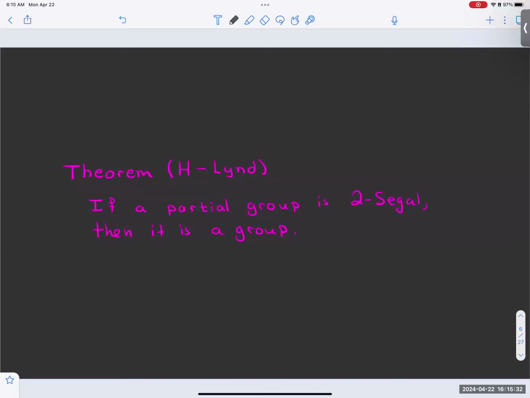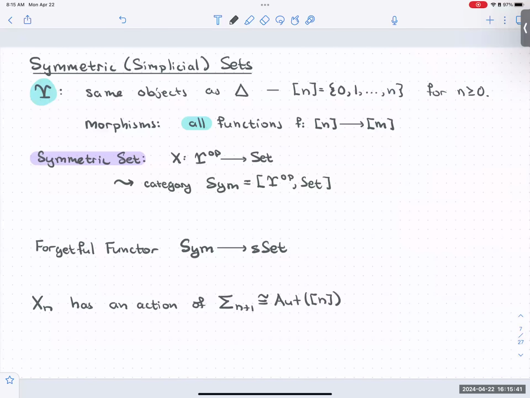But first, I would like to say what a partial group actually is. And for that, I'm going to give my perspective on what a partial group is. So for that, I want to bring in symmetric simplicial sets.